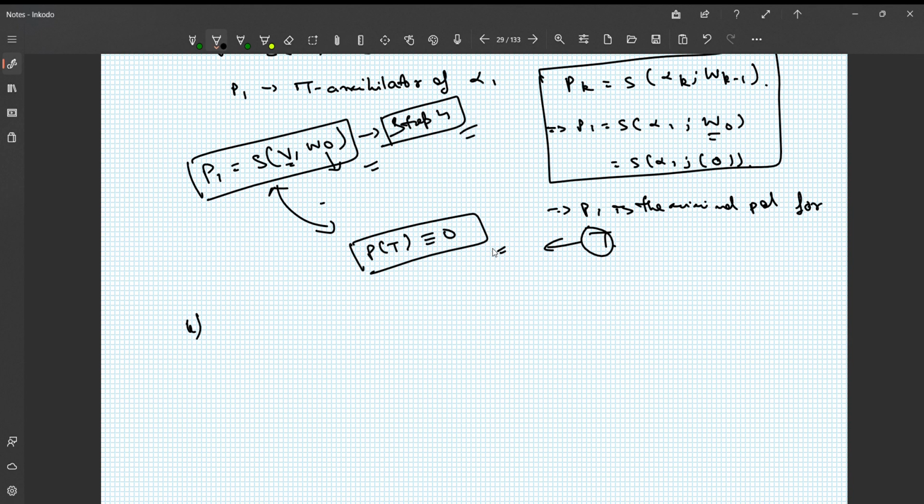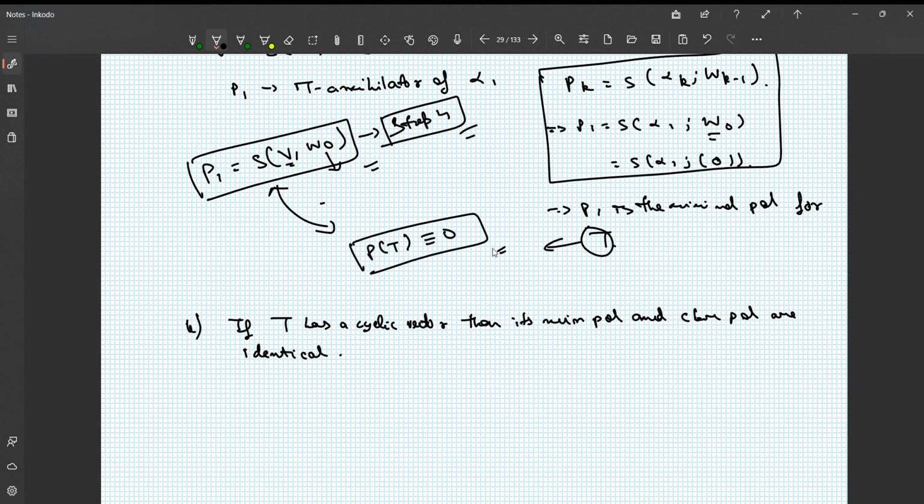How can we do the converse? Conversely, what can we say here?